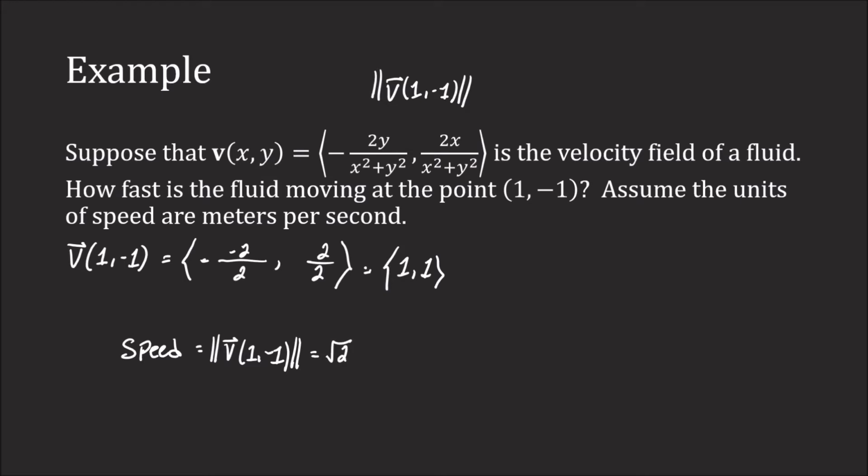And the units are meters per second. So evaluating a vector field is the same as you would evaluate a vector valued function. You just plug in the points, except now it's multivariate. So it's a combination of the multivariate functions we studied previously and, just before that, the vector valued functions.